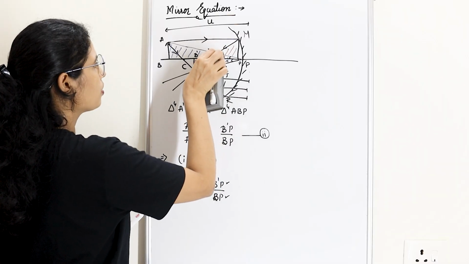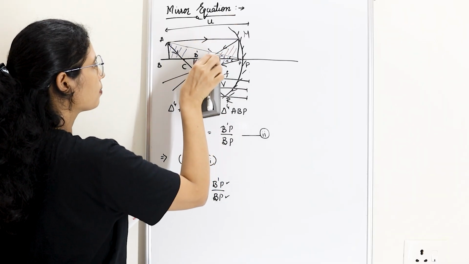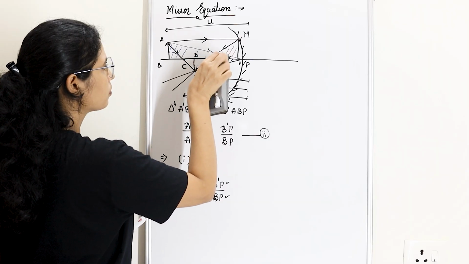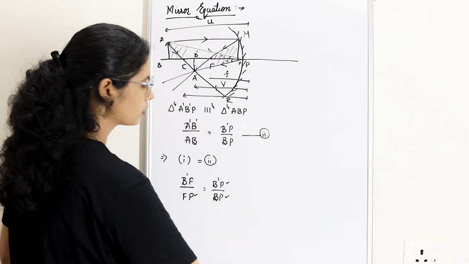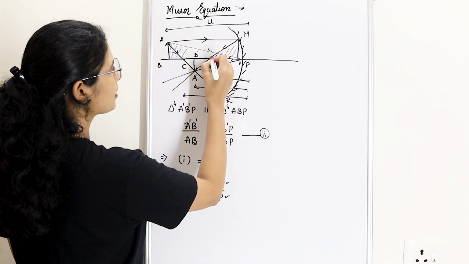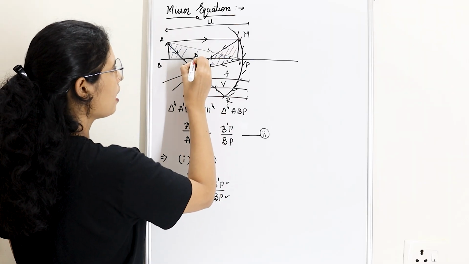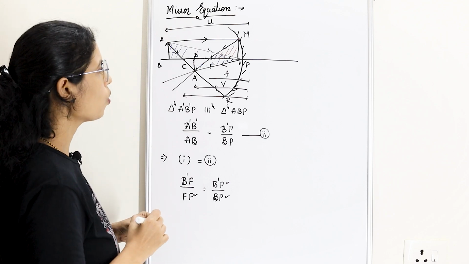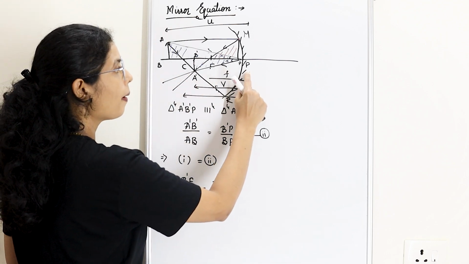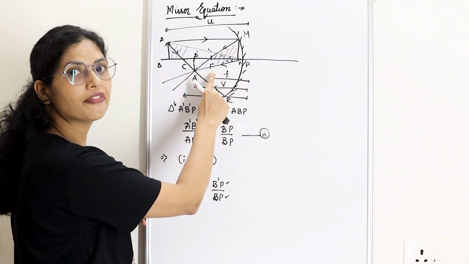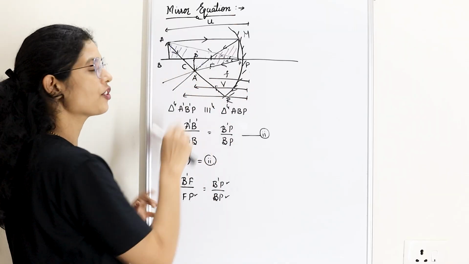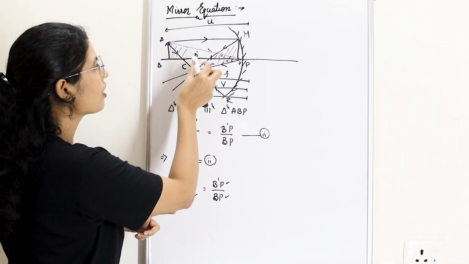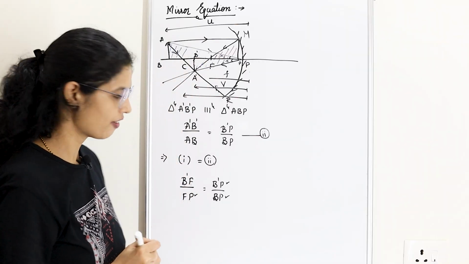I'll rub this up so that you can notice it. Do we know the distance from the principal focus to the image? We don't know. But we know P to F. P to F is focal length, P to B dash is image distance. So with the help of those distances you can find the value for B dash F.